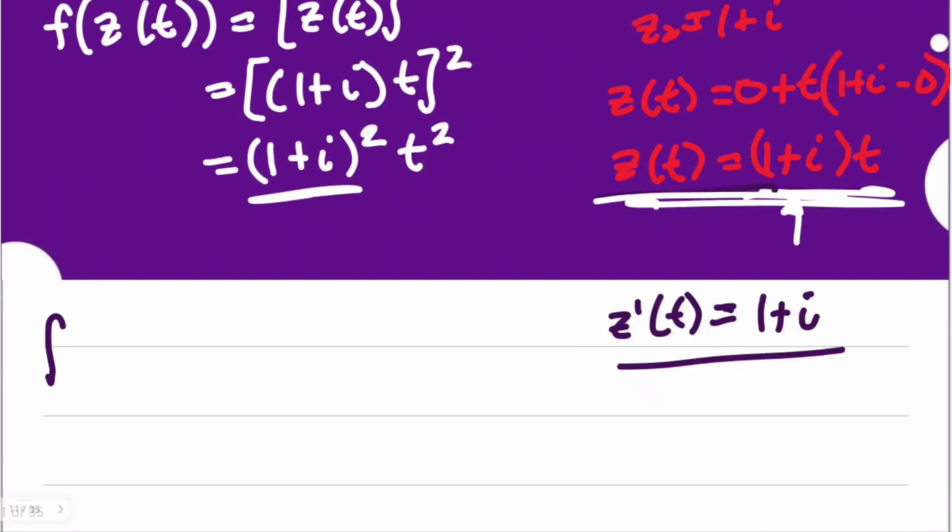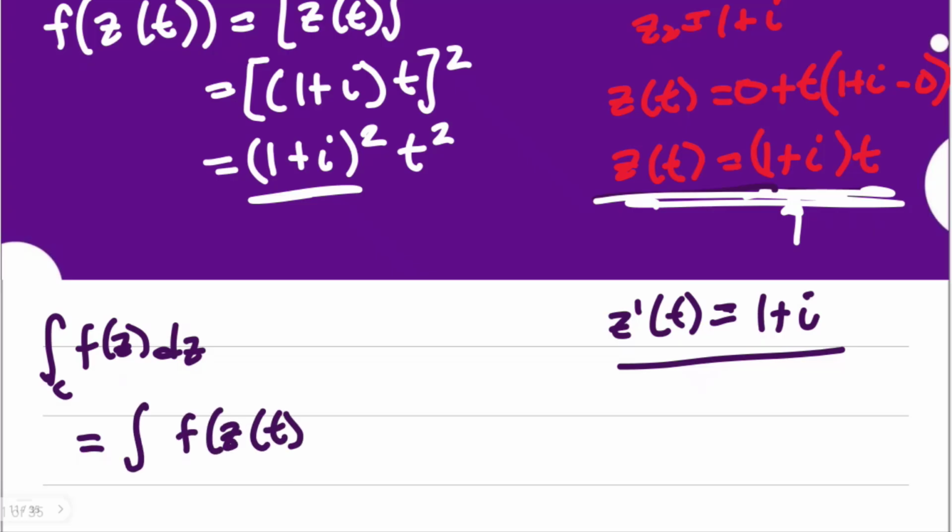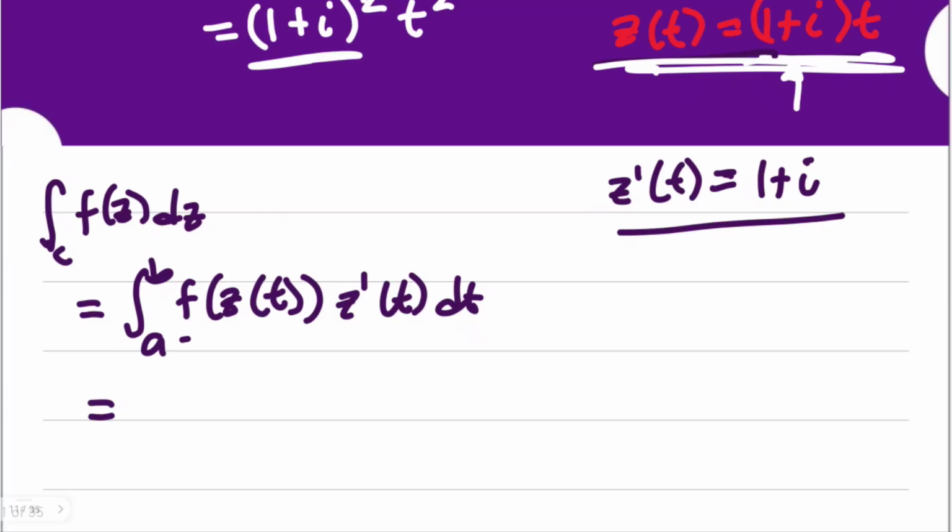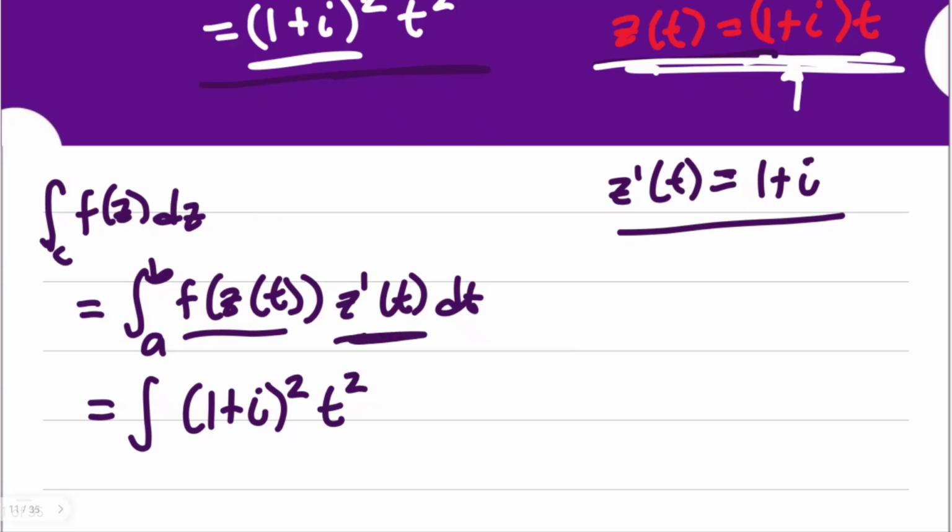We know again that the integral of f of z dz along path C, in this situation a straight line, is identified as this one here, f of z of t times z prime of t dt from A to B. Our expression is this exact form: the integral of 1 plus i squared t squared, and its first derivative is 1 plus i, dt from A to B.